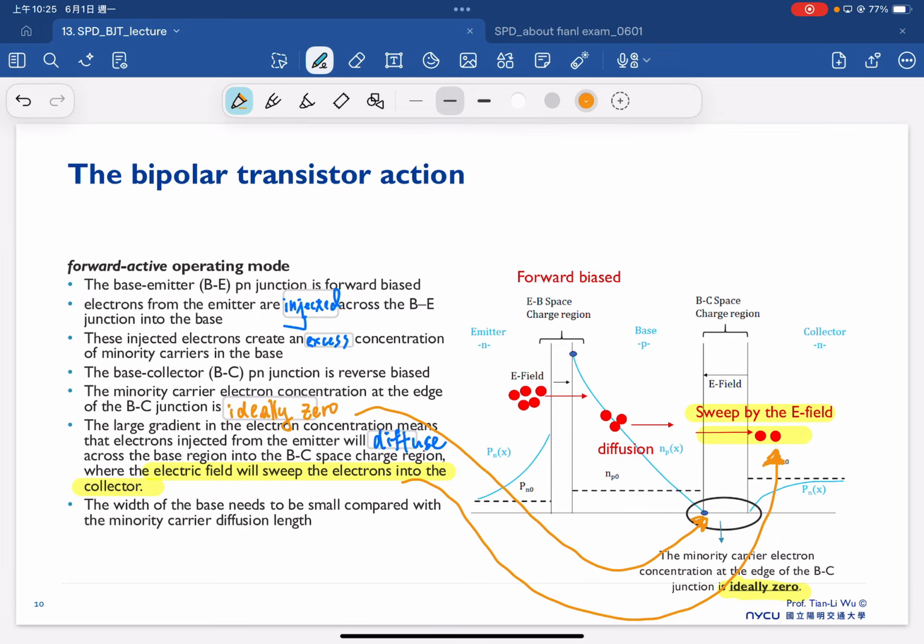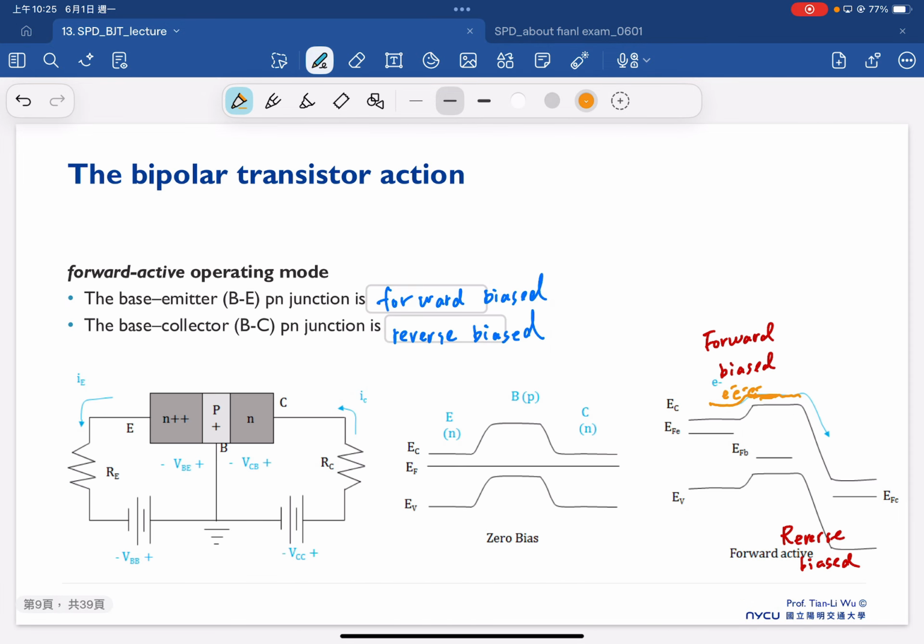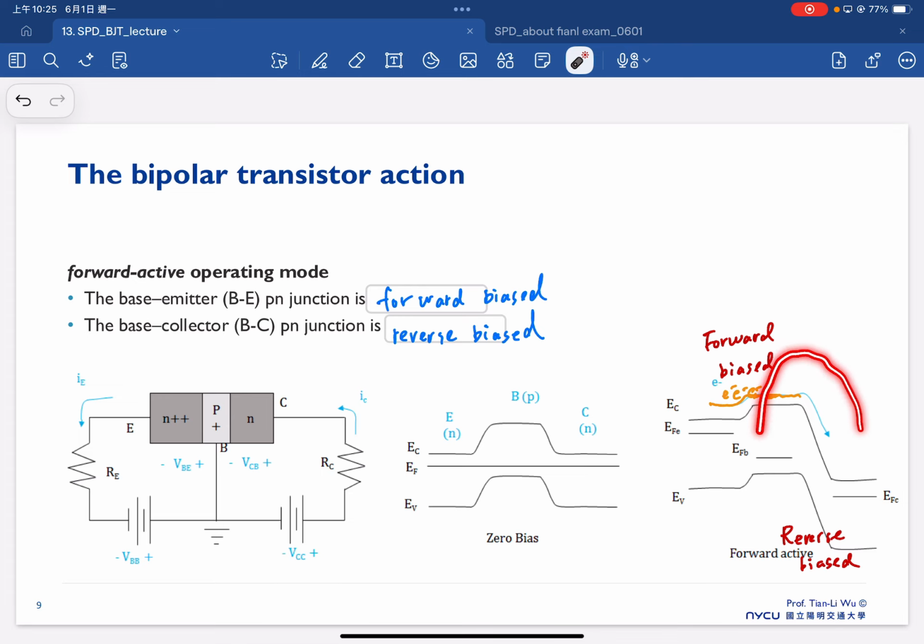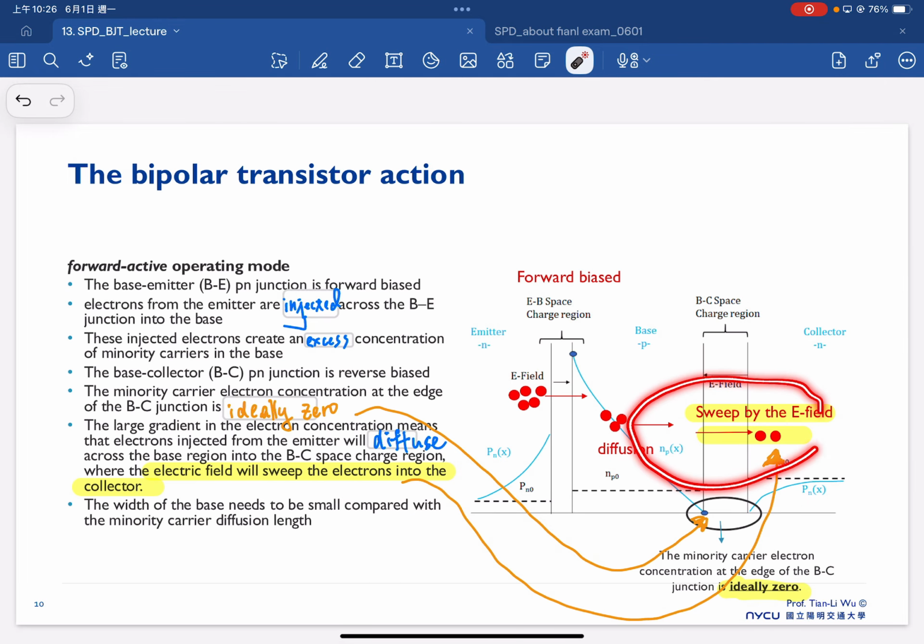This can also be understood from the previous Venn diagram. The previous Venn diagram already showed that once the electrons reach the base-collector space charge region, because this is under reverse bias, we have a high electric field. So the electrons are swept by this high electric field and in the end reach the collector side. So you can understand it either from this Venn diagram or from this one as well.